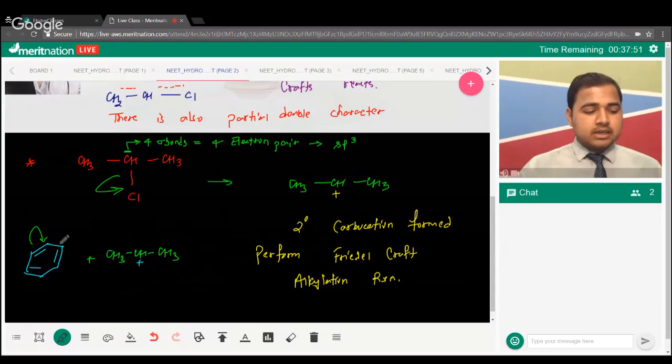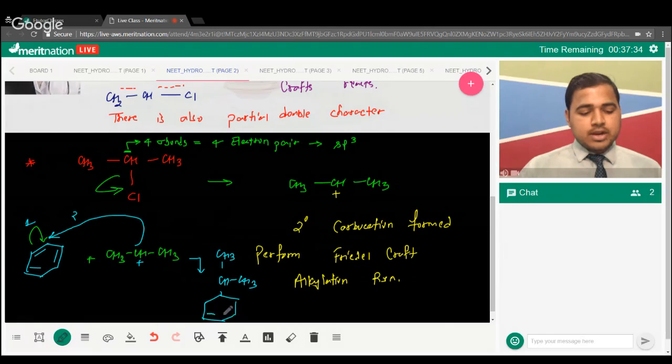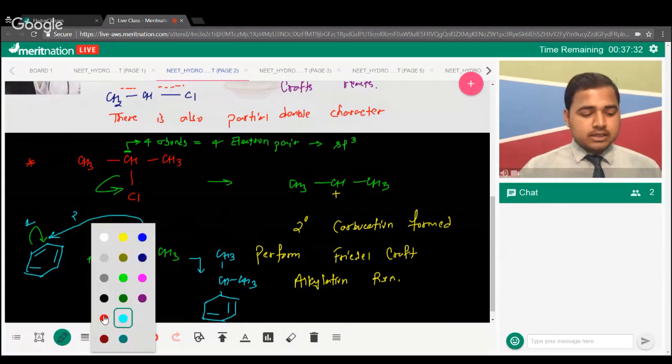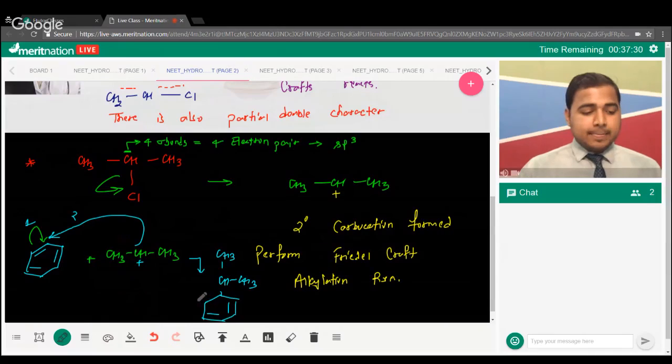So this positive charge directly attacks this negative electron. This is the first step, this is the second step. So it will form like this: CH CH3, this will be CH3, and this will be benzene. But students, this bond is already broken, and this carbon will get the positive charge.